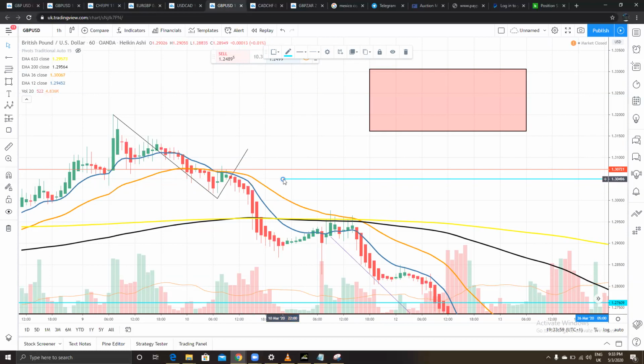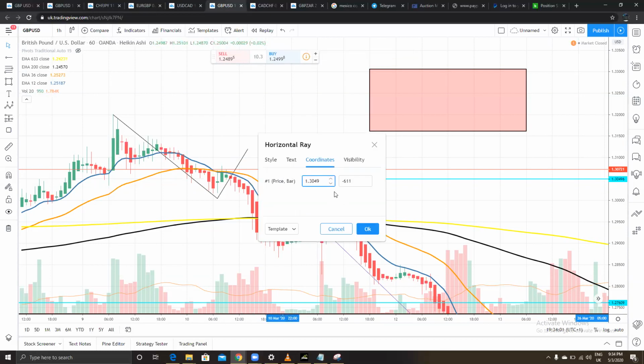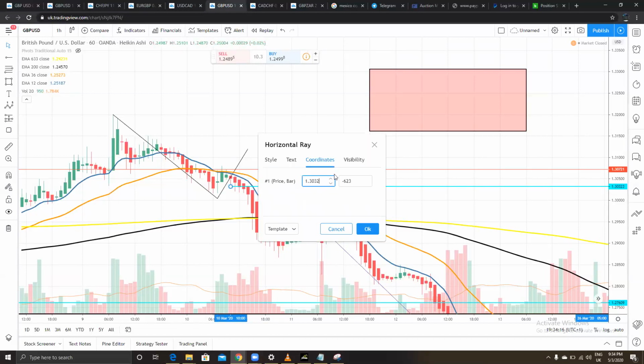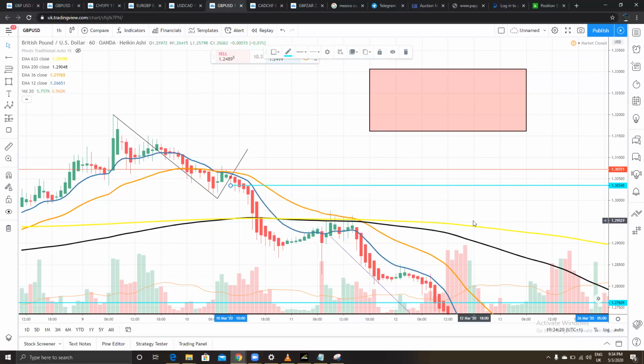Exactly, 130.345 minus 1 pip. Right, that will be my entry.